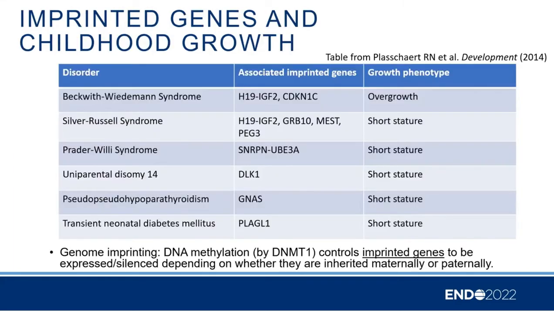When I talk about genome imprinting, you might be thinking about growth disorders like Beckwith-Wiedemann syndrome and Silver-Russell syndrome, that are caused by defects in genome imprinting, which is a mechanism where DNA methylation controls a group of genes called imprinted genes to be expressed or silenced, depending on whether you get the copy from your father or your mother. These imprinted genes, for example IGF-2, are important regulators of child growth.